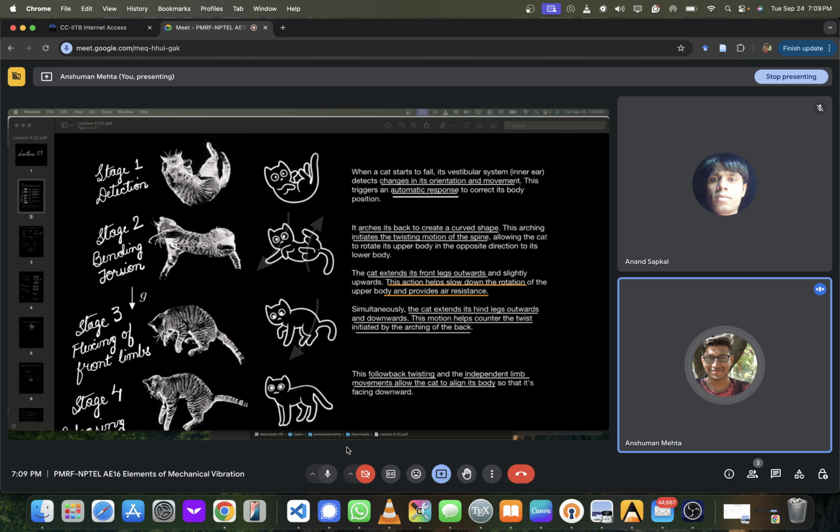A similar thing happens with the cat, where it rotates its upper body and stores energy. And when there is a point of release, so that it comes to the orientation, then it will reverse it back, like it will store energy and then release energy. So stage 4 is all about releasing the energy.